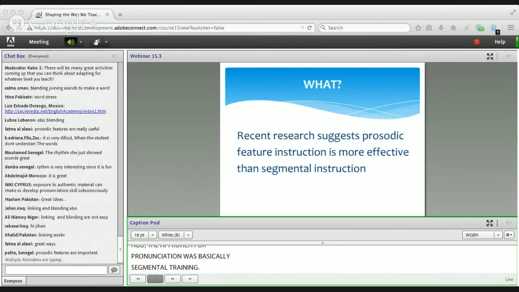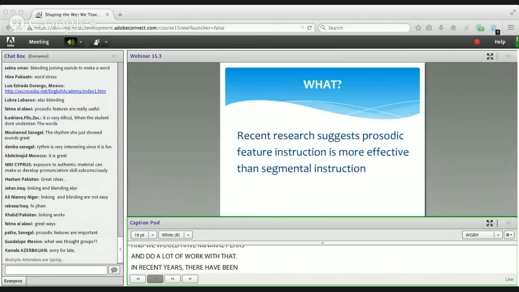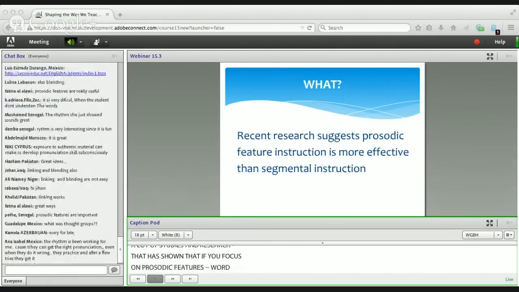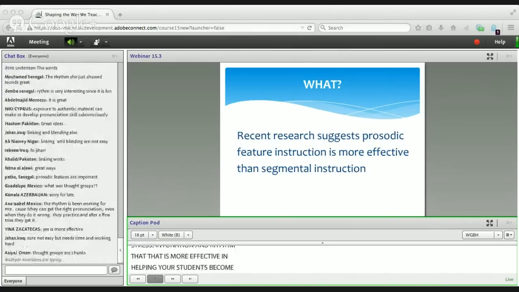We would do a lot of work with that, and that's not wrong, but in recent years, a lot of research has shown that if you focus on prosodic features, word stress, intonation, rhythm, that is actually more effective in helping your students become more understandable, comprehensible, intelligible than segmental instruction.